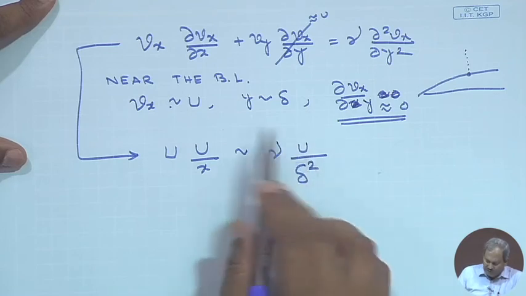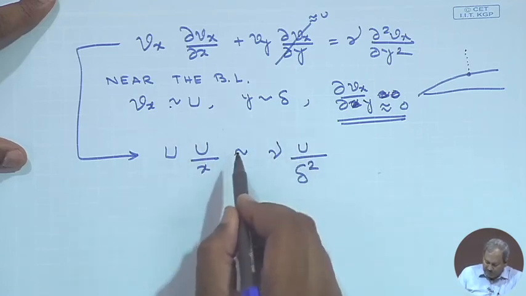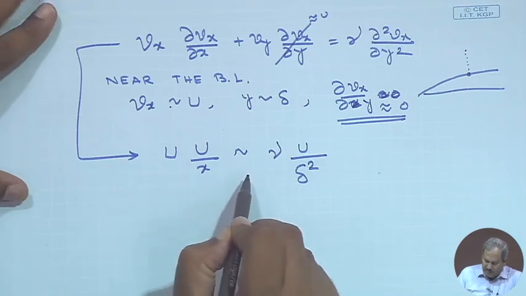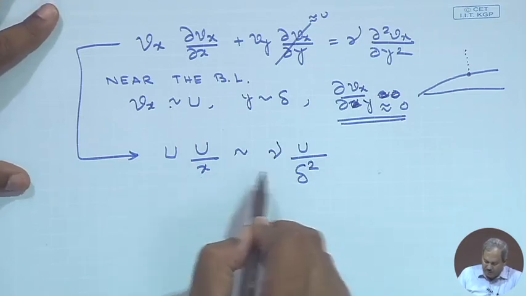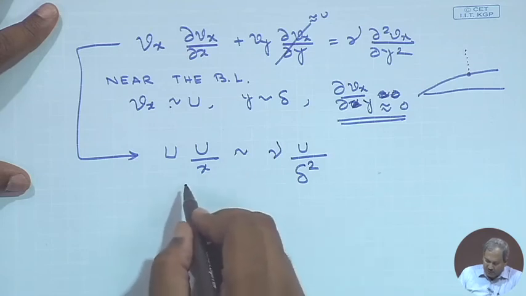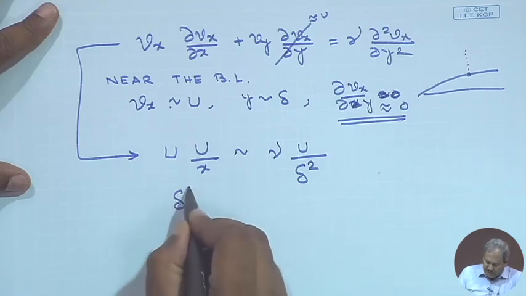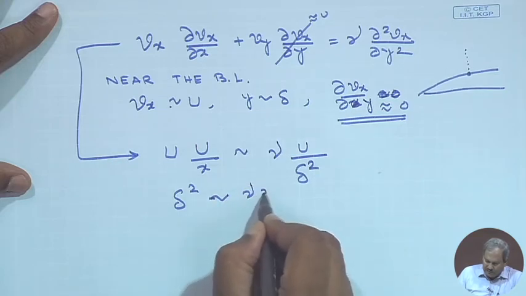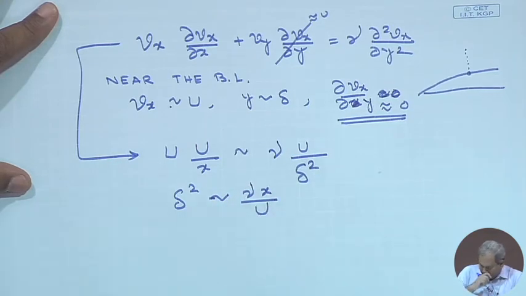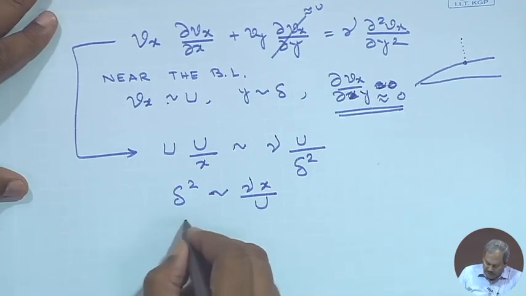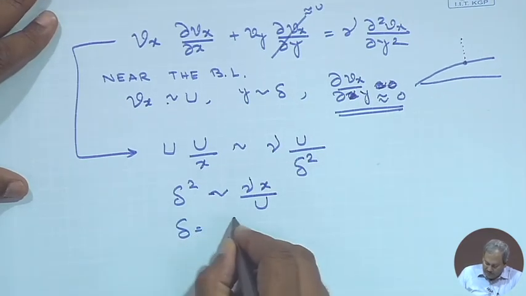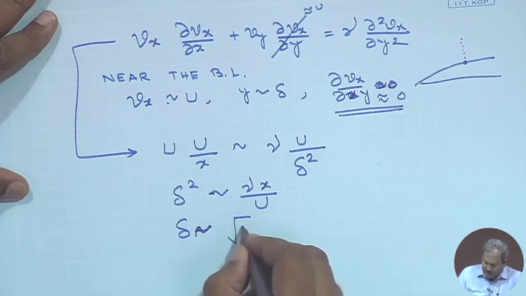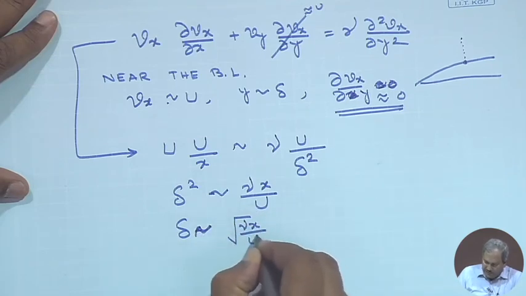So, the approximate relation that you get, based on an order of magnitude analysis, a scaling parameter, is that delta squared is approximately equal to nu times x by u, and delta is approximately equal to root over nu x by u.